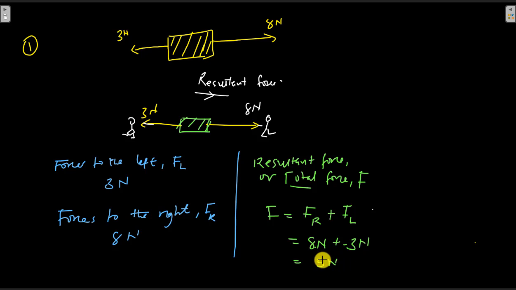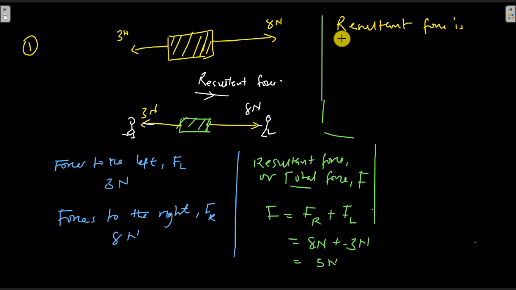And since our answer is a positive value, that tells me that the resultant force is 5 newtons to the right, because my final force has a positive value, so that means the force is actually pointing to the right.